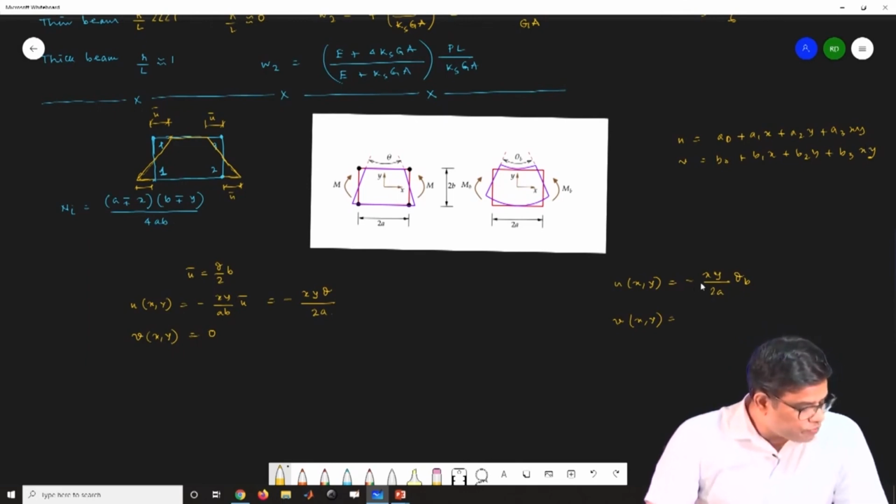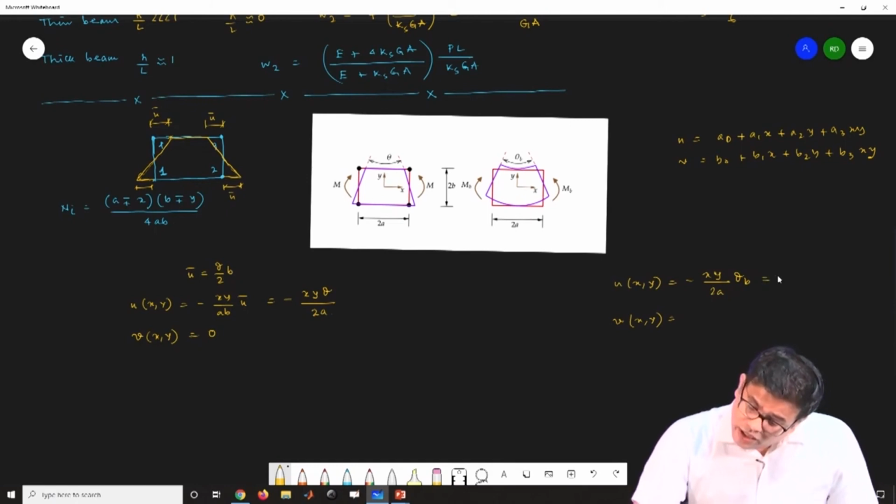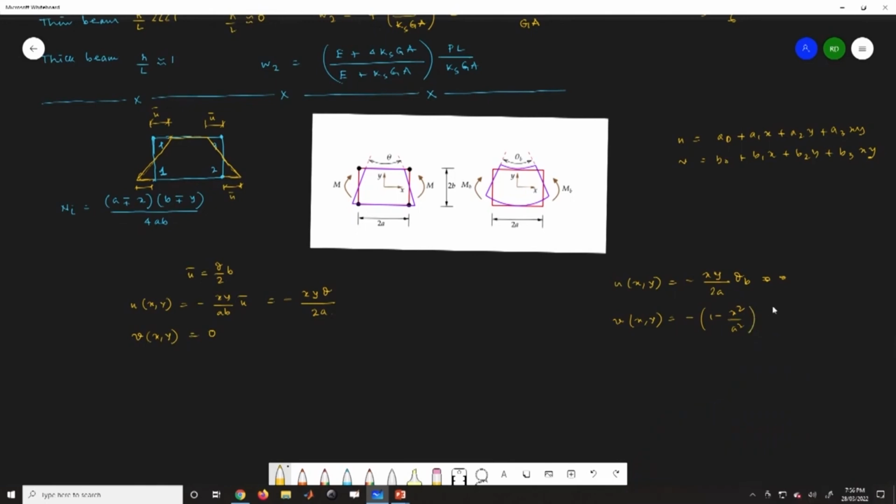Now if you write u, and if I write v, that is minus (1 minus x squared by a squared) into a by 2b into theta b by 2 into b, plus or minus nu, because of the Poisson's ratio effect, (1 minus y squared by b squared) into b by 2a into theta b by 2 into b.